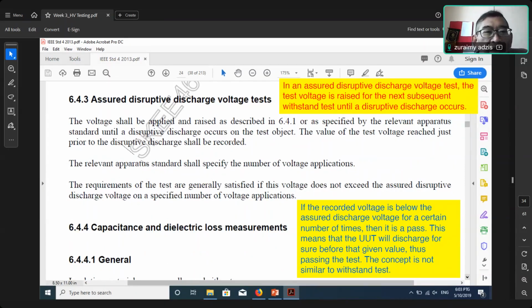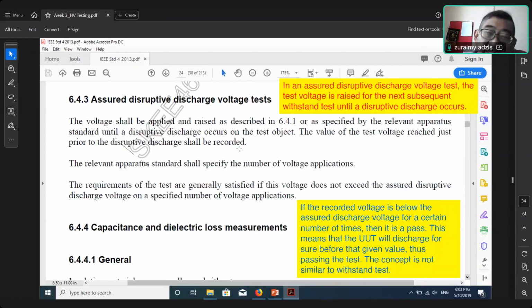The voltage shall be applied and raised just as in the withstand test until a disruptive discharge occurs on the test object. It looks like 6.4.2 as well. However, be patient. The value of the test voltage raised just prior to the disruptive discharge shall be recorded.